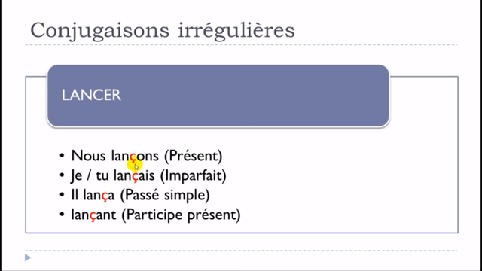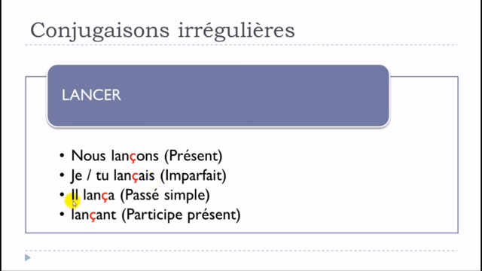That's the only modification we will have to make for this subgroup of irregular verbs. It will be exactly the same thing for the imparfait form. I put this je and tu because they have the same ending here, but instead of just putting this c, you will put this cédille and you will get je lançais, tu lançais.